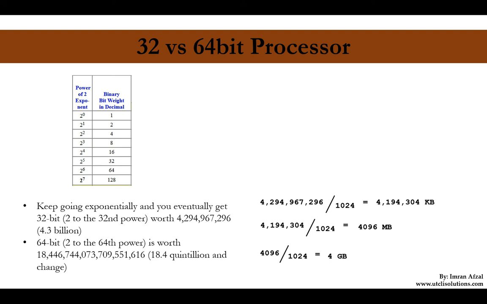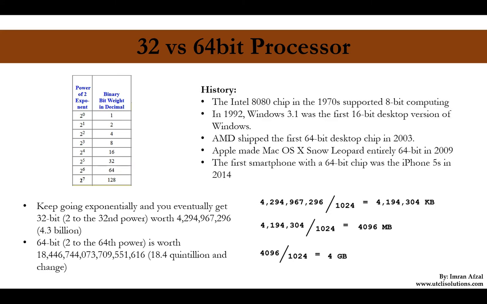Let's look at a quick brief history of our processors, how they came into being. The Intel 8080 chip in the 1970s supported 8-bit computing. That's so low. Now, in 1992, Windows 3.1 was the first 16-bit desktop version of Windows. Then came the AMD.